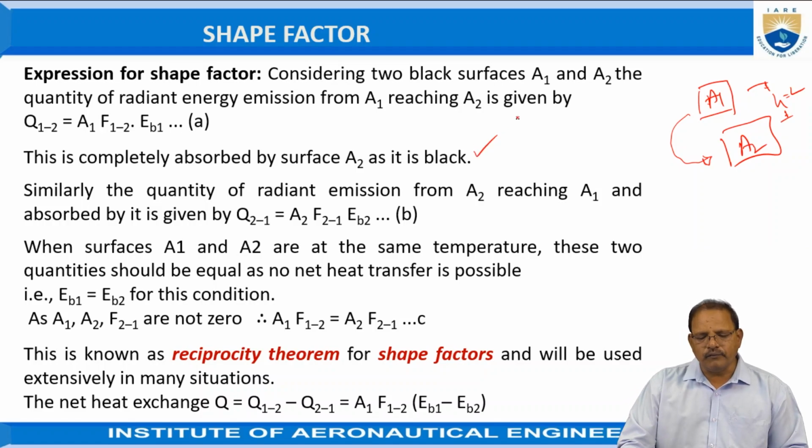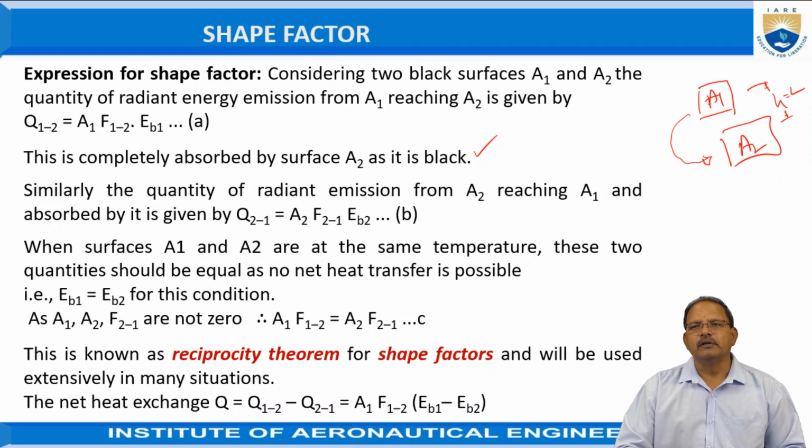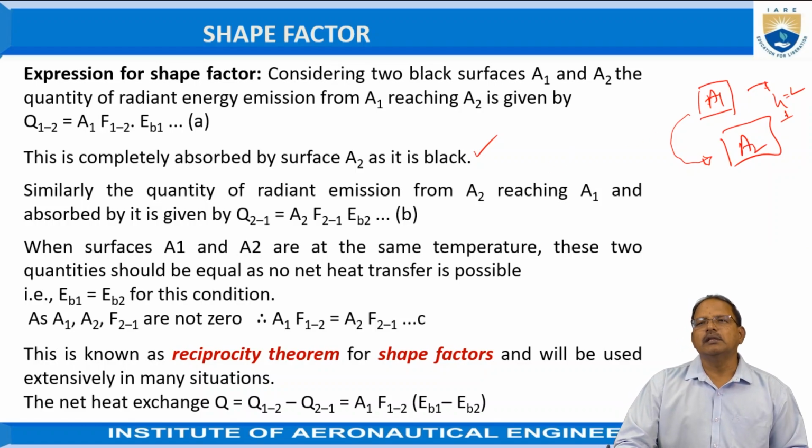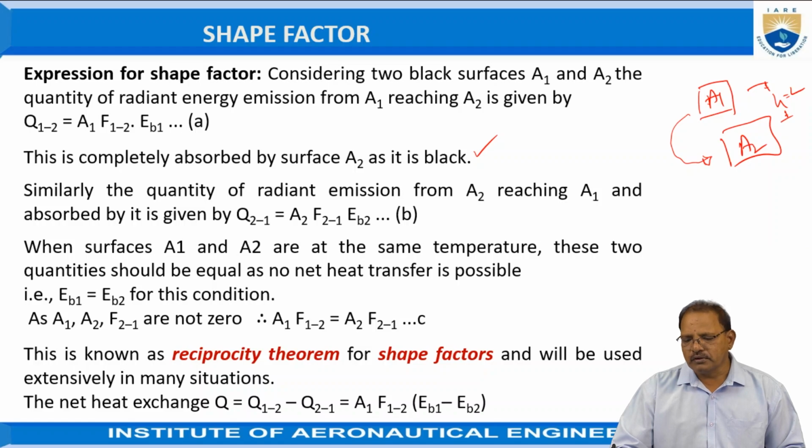Similarly, the quantity of radiant energy from A2 reaching A1 and absorbed is given by Q21, equal to A2 F21 EB2. The first equation represents the amount of energy absorbed by A2 coming from A1, Q12 equal to A1 F12 EB1. Here the body A1 is at a higher temperature than A2.